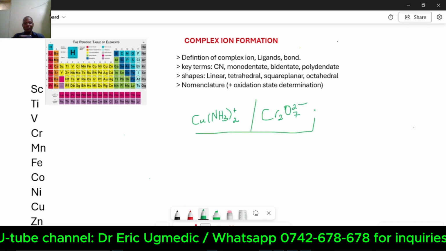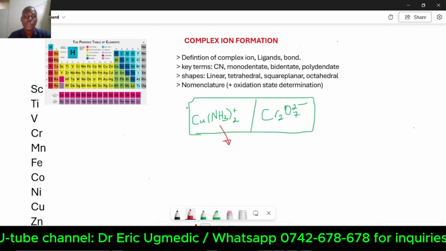These are what we call complex ions, and from what you can see, here we have more than one atom, making it a molecule bonded to this copper. Then this side we have oxygen atoms bonded to chromium.